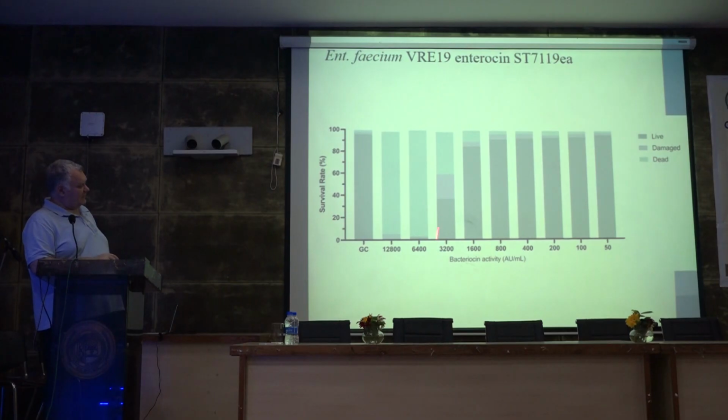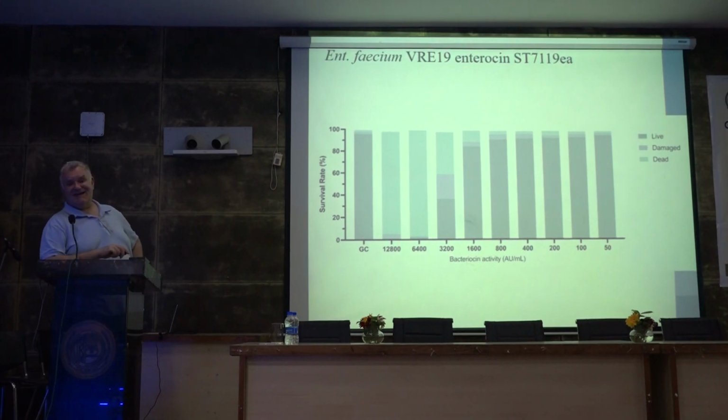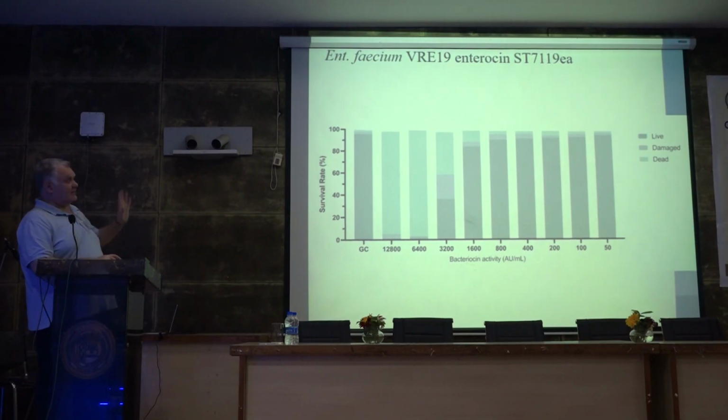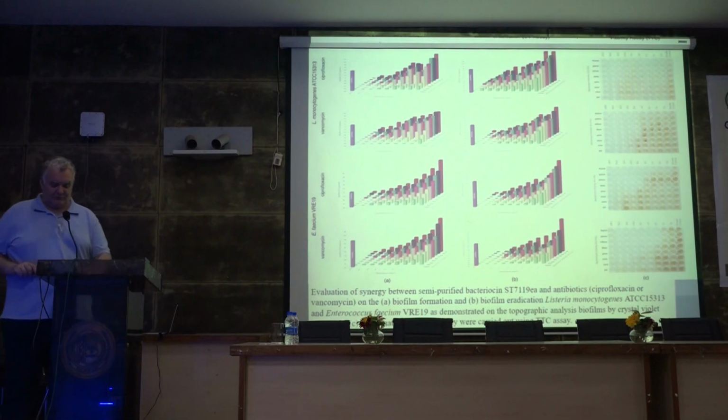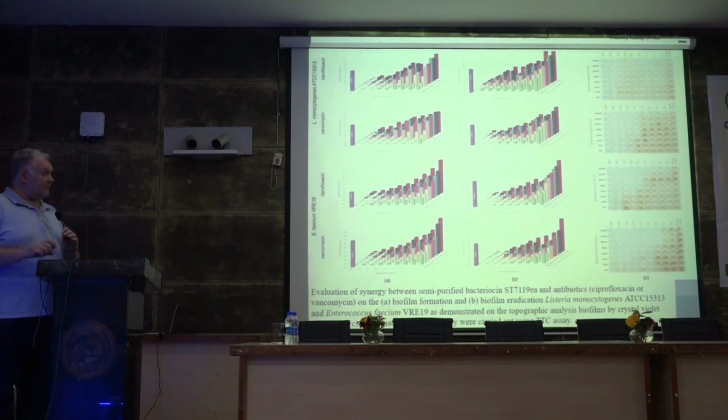So the minimum inhibition concentration is somewhere between 3,000 and 6,000, and you need to apply it in enough concentration in order to be sure that you're going to reduce and eliminate, not just make the vancomycin-resistant strain sleep, but really kill it and remove it from the system.